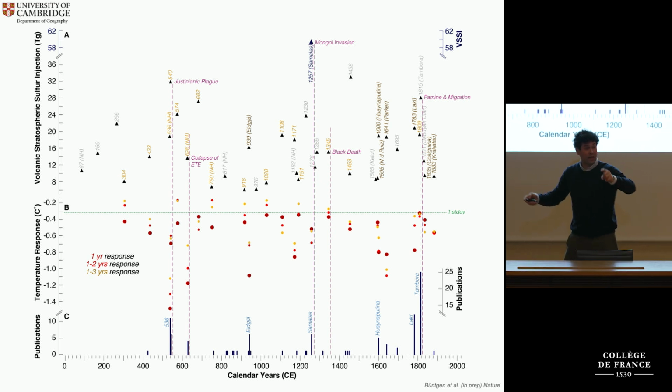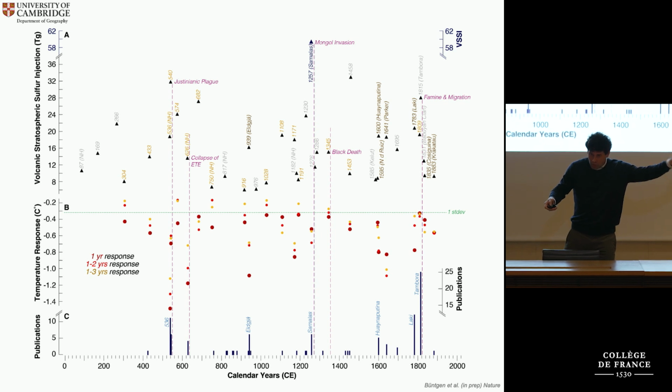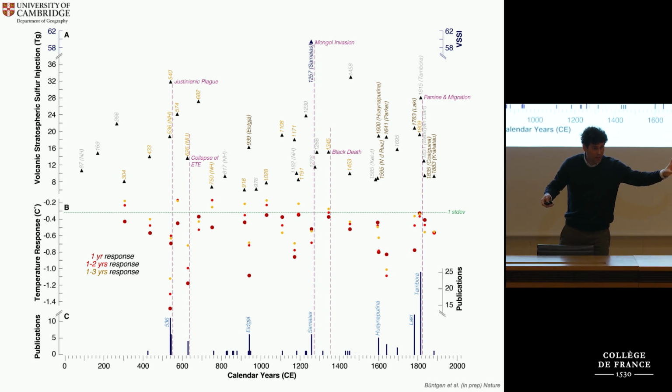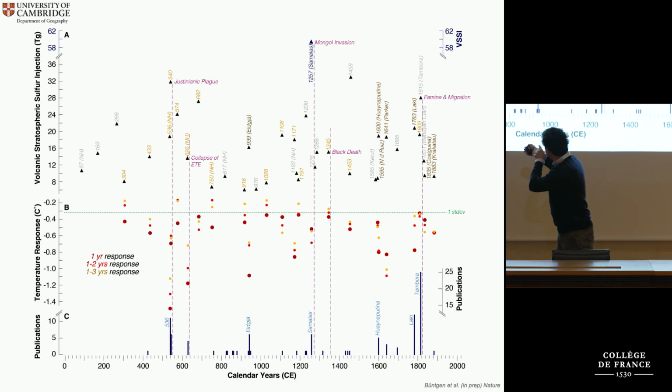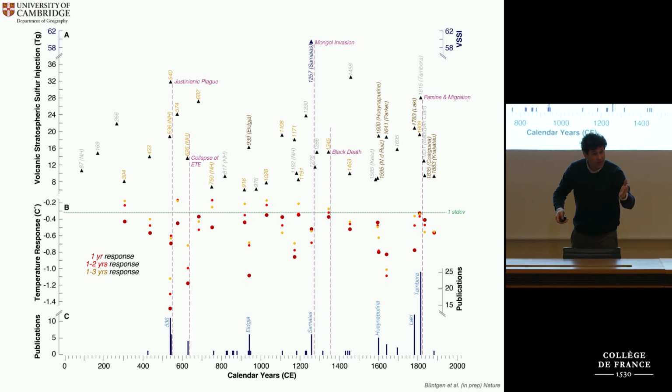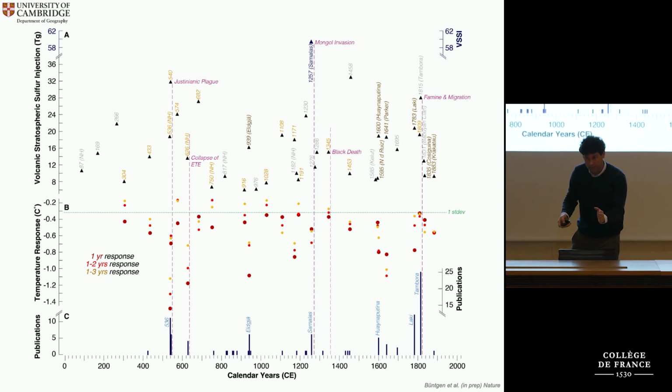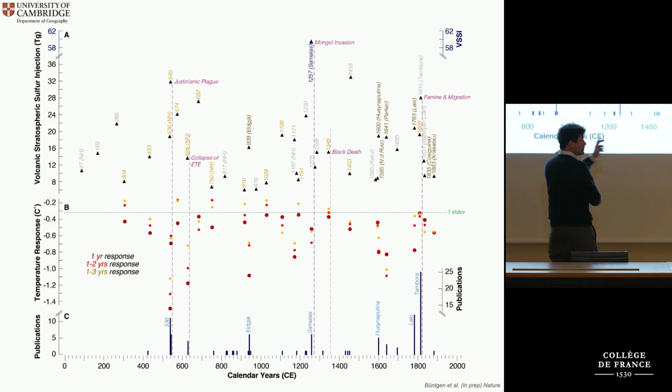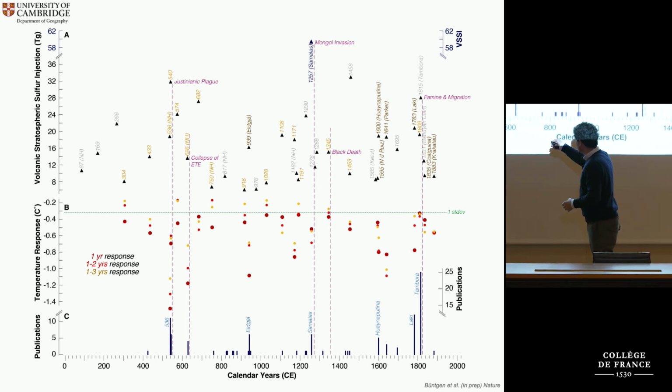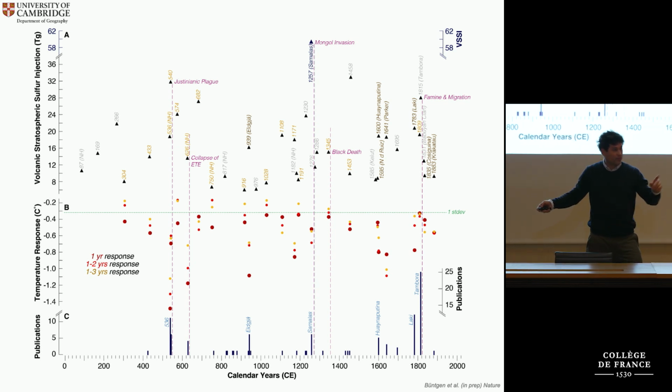Ice cores would say, wow, strong, large, sulfur-rich volcanic eruption. And the tree rings would say, yes, and in the same year or the year after, a cooling. So we go through, and you see the strongest example is 536. That's massive, right? That is the strongest cooling after a sulfur deposition.